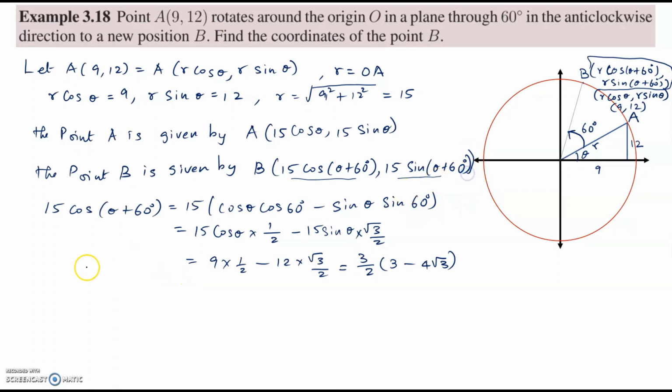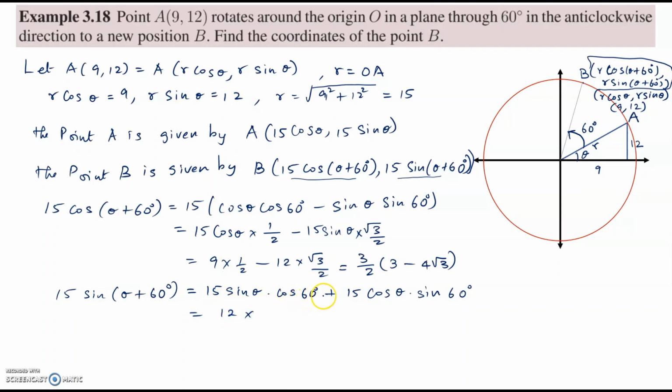So 15 sin(theta plus 60 degrees) will be equal to 15 sin theta cos 60 degrees plus 15 cos theta sin 60 degrees. 15 sin theta is 12, so 12 into cos 60 degrees, which is 1 by 2, plus 15 cos theta is 9, so 9 into sin 60 degrees, root 3 by 2.